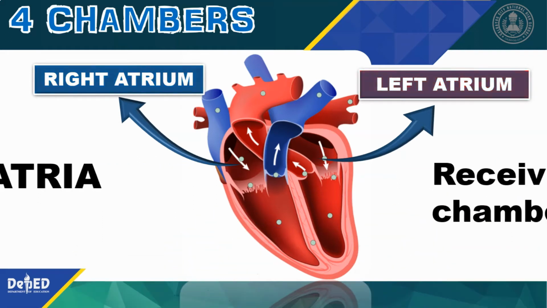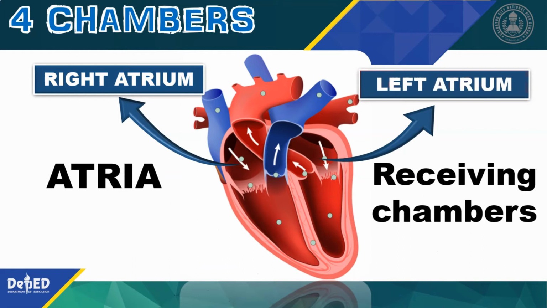The atria, plural form, are the receiving chambers of the heart. The right atrium receives oxygen-poor blood from the vena cava, a large vein, while the left atrium receives blood from the pulmonary veins.